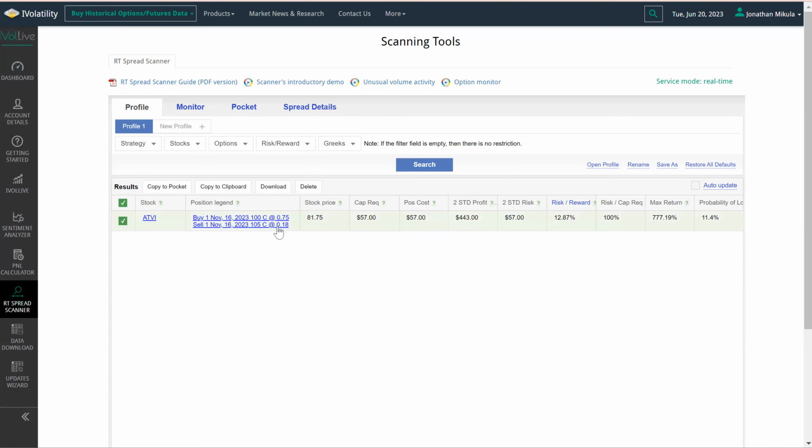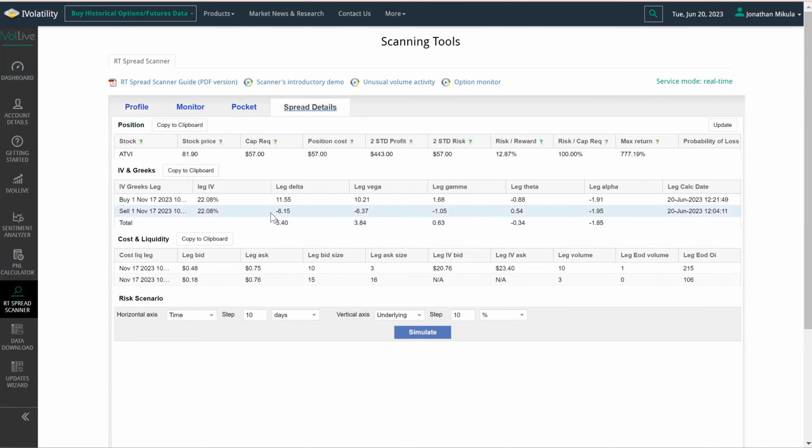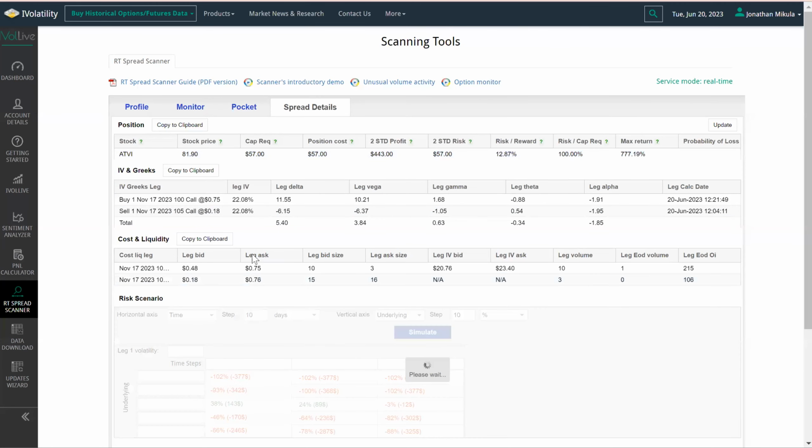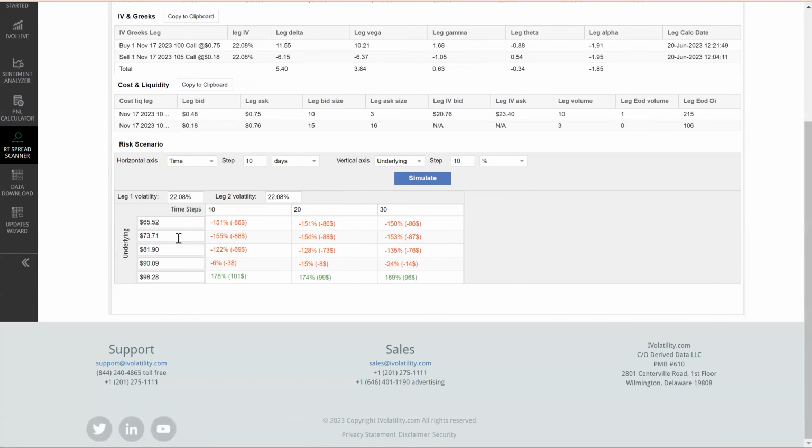It doesn't really matter if Activision goes to the moon or if it plummets. This is going to be our maximum potential profit. We could come here again. This screen is great because it lets you analyze the trade a little bit more and see what we're looking at. Simulate here.